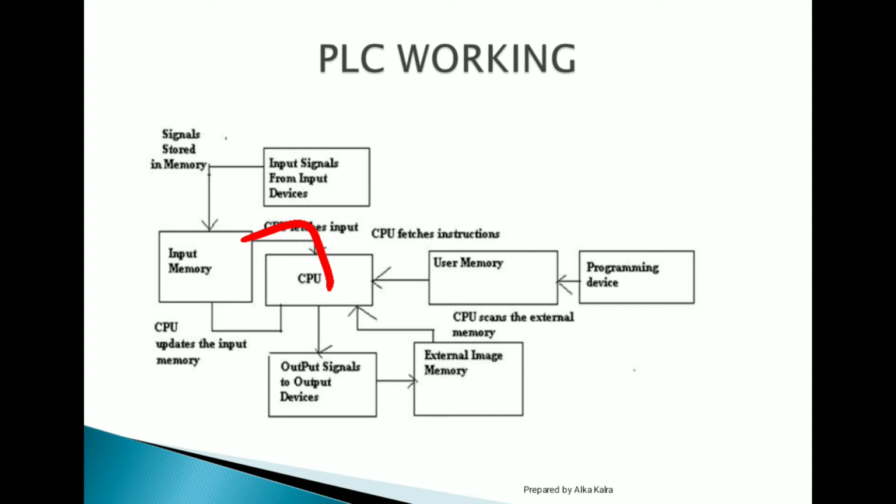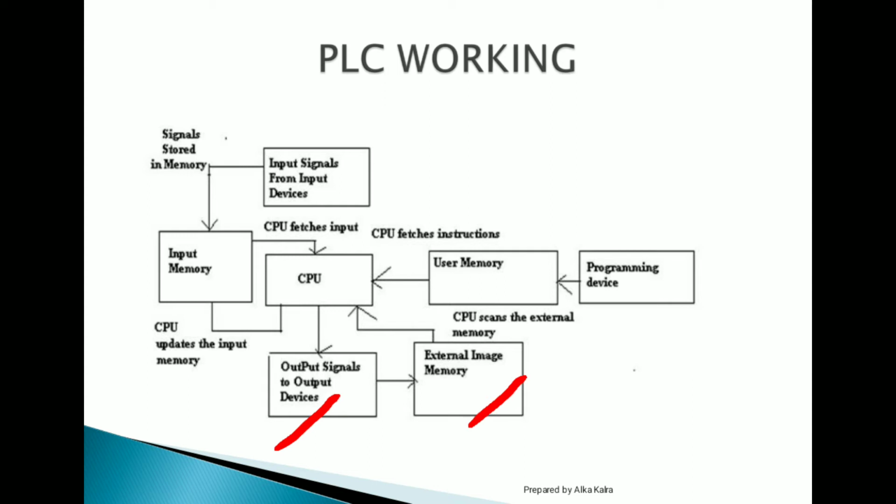These outputs from the CPU are the output signals that are fed to the output devices. Before feeding these signals to the output devices, they are stored in the external image file.